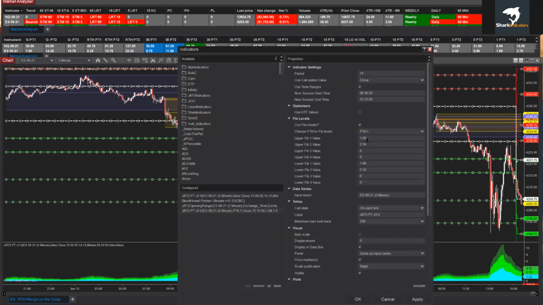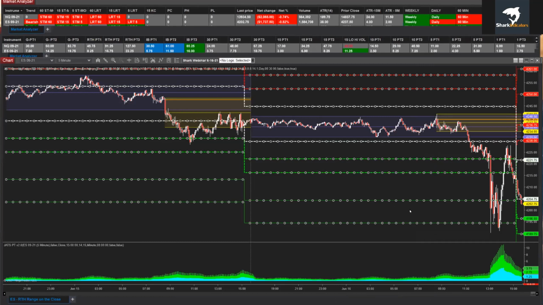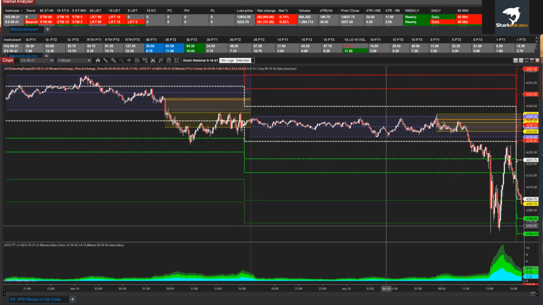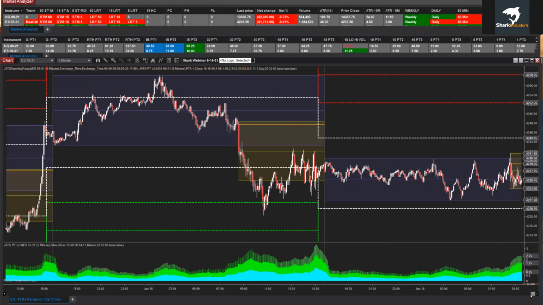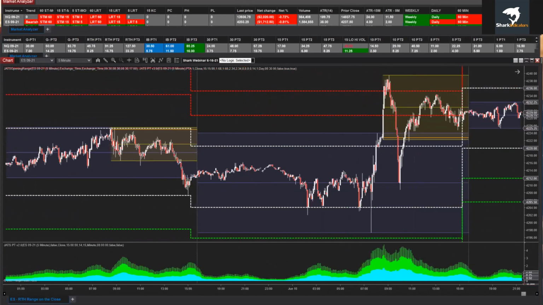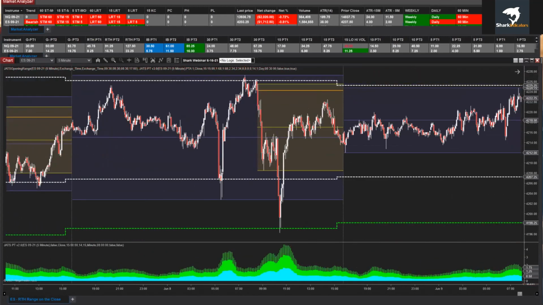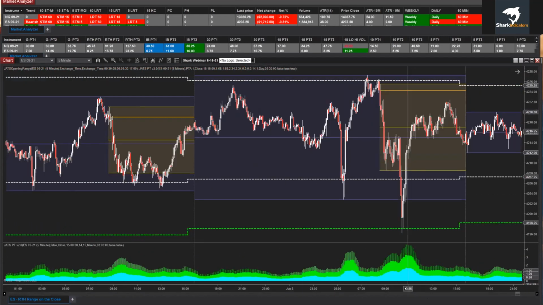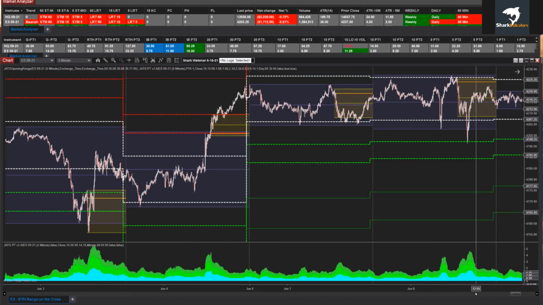So you can come in and put whether you want to go from the PT 1, 2, or 3, and how far you would like to make your tail. So you can just do the eyeball test, see where the market tends to go when it leaves an area, and then try to adapt your tail to the market.